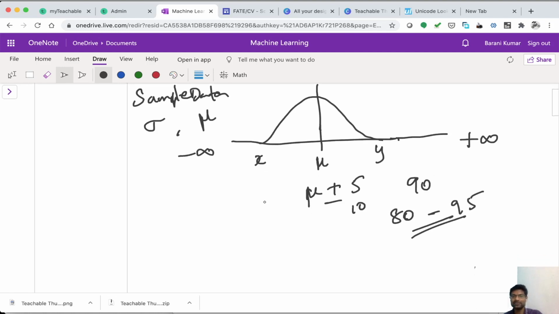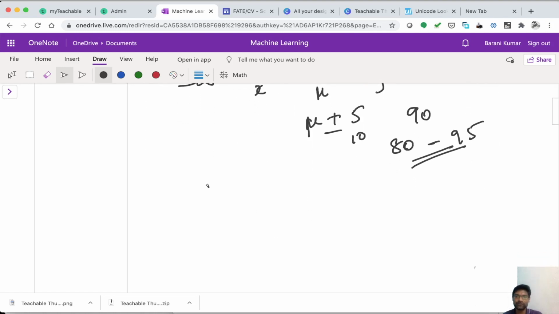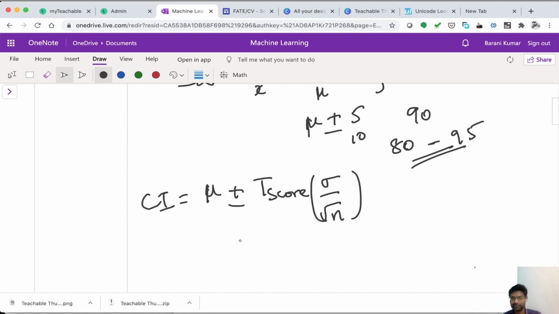Now to calculate this, it is given by a simple formula: mean plus or minus t score into sigma by root n. The minus value gives the lower bound and the positive value gives the upper bound of the confidence interval.